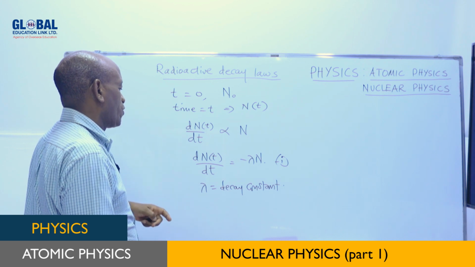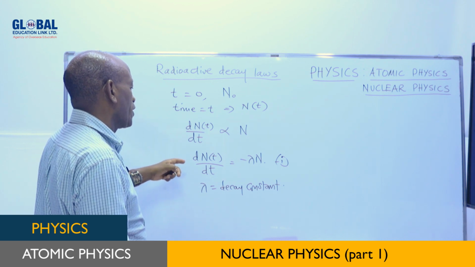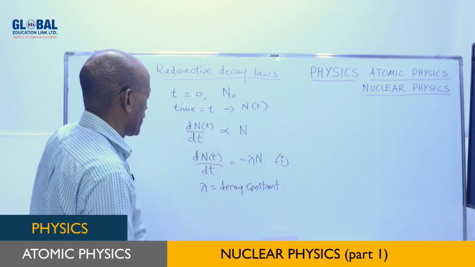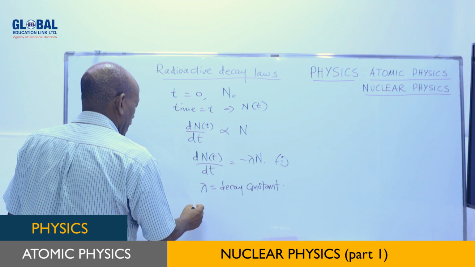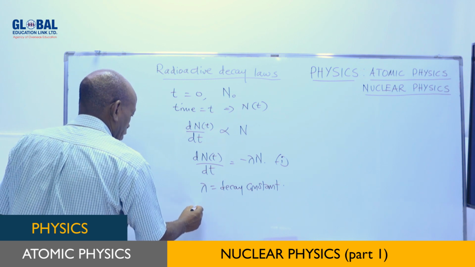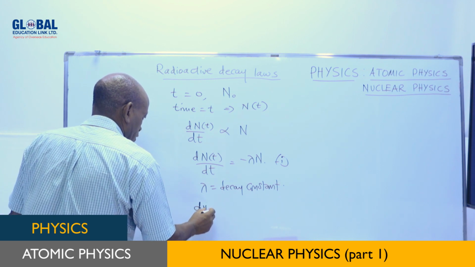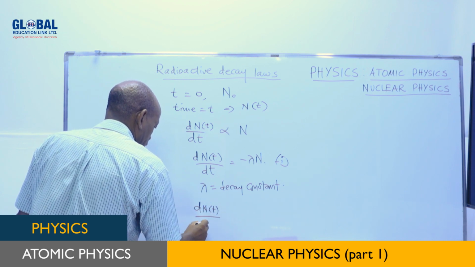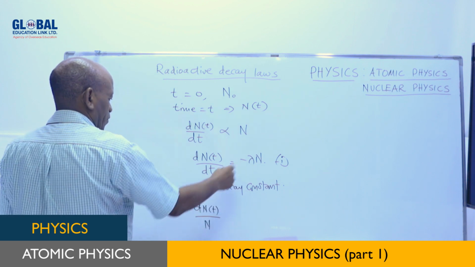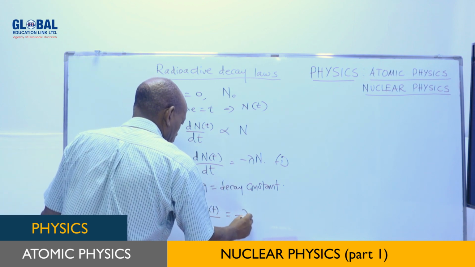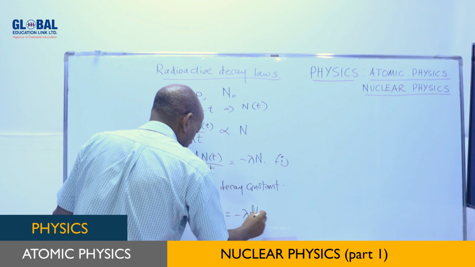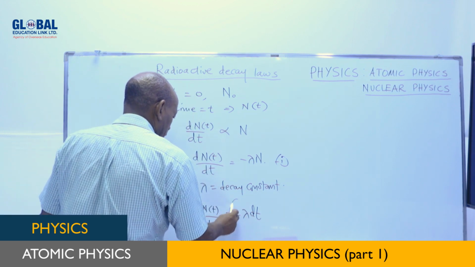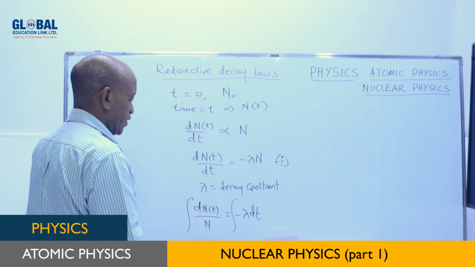Now, we apply calculus to this expression. It is just a matter of rearranging: dN over N is equal to minus lambda dt. Having obtained this expression, we can integrate both sides.